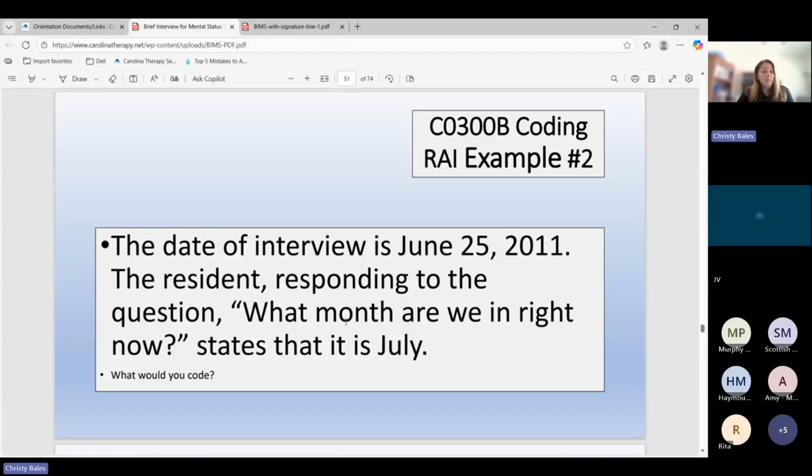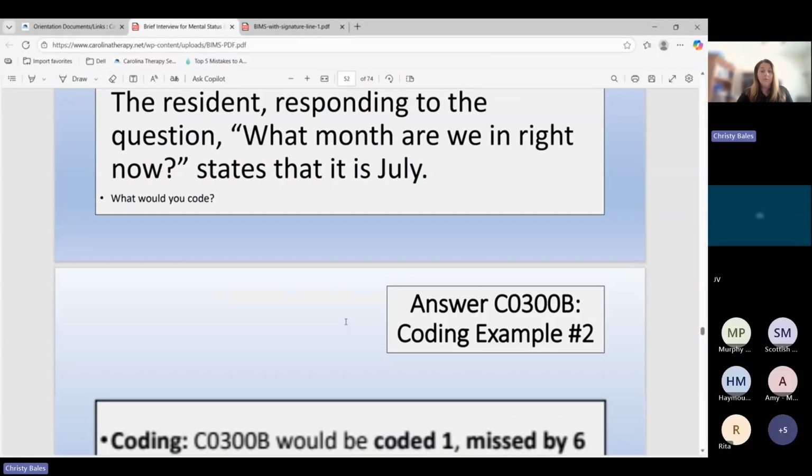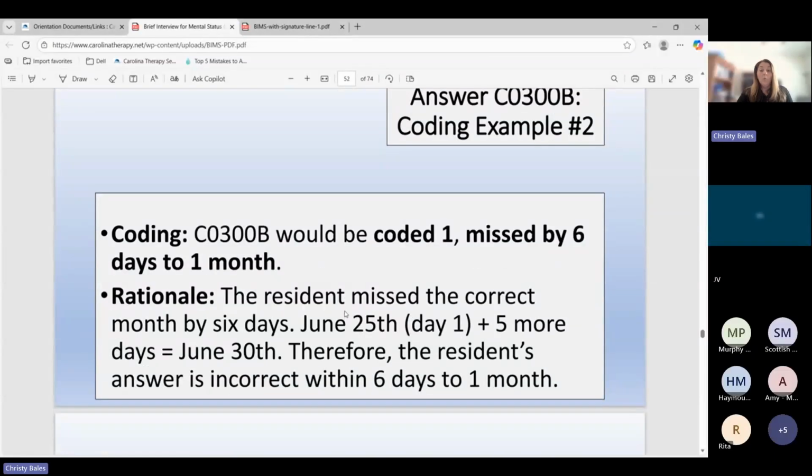The resident, responding to the question, what month are we in right now, states that it is July. And what would you code this? It would be coded 1, missed by 6 days to 1 month. The resident missed the correct month by 6 days. So June 25th, day 1, plus 5 more days, June 30th. Therefore, the resident's answer is incorrect within 6 days to 1 month.